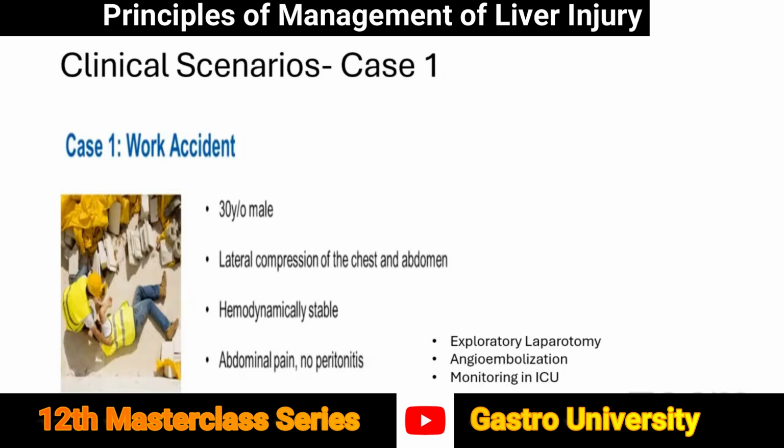Second important point is once your conservative management is successful, and after day 5 or 7, patient develops fever, then you should start thinking about bile leak and complications like some local abscess, or there may be abscess because of the infected hematoma. So one should keep an eye on that. Abdominal girth monitoring will also tell about intra-abdominal hypertension, which is also a very difficult thing.